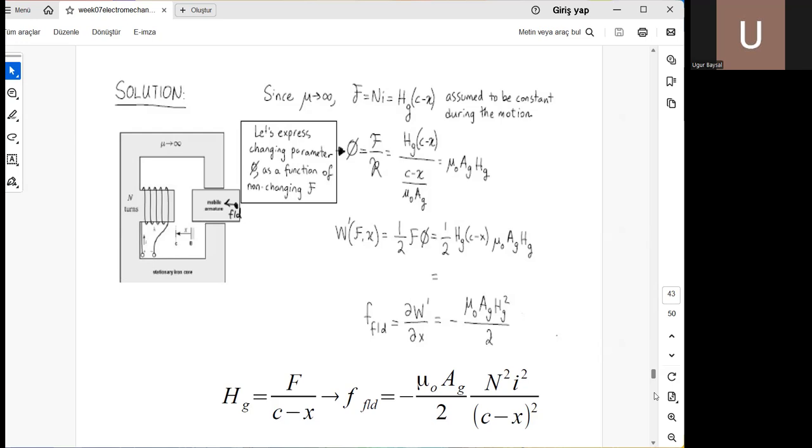Now apart from Hg squared, everything is constant. But Hg squared can be calculated from the first equation on the slide. Underneath, it's written with nice formula variables. If we substitute Hg equals MMF over C minus x, then my field force is some constant times N squared I squared over C minus x squared.